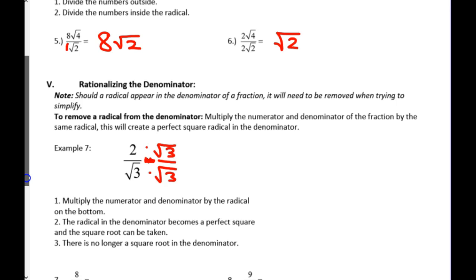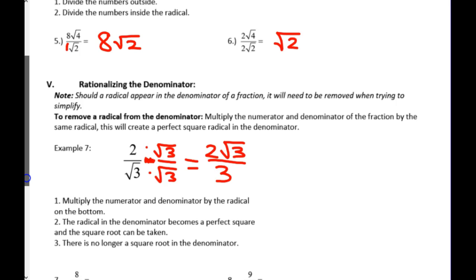Okay, good. So a number by itself and a square root just go next to each other. That's it. So 2 times square root of 3 is 2 square root of 3 on top. It's okay to have a square root on the top. But on the bottom, what happens? So square root of 3 times square root of 3 is regular 3.